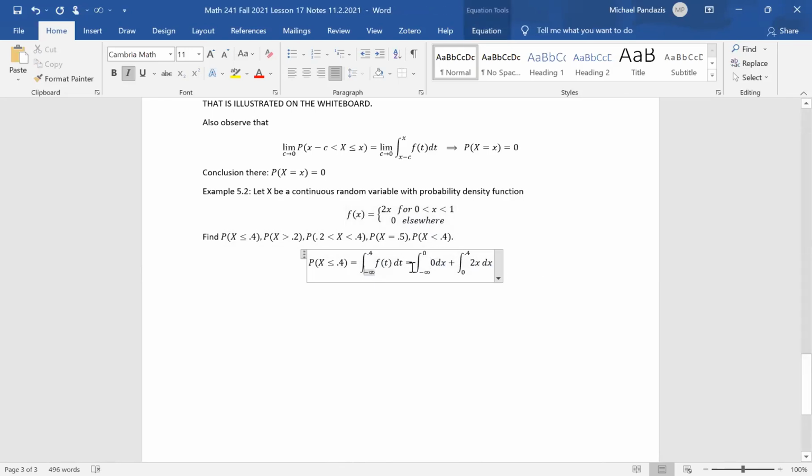So the first integral is 0, and the second integral is x squared evaluated from 0 to 0.4. And so that's equal to 0.4 squared minus 0 squared.